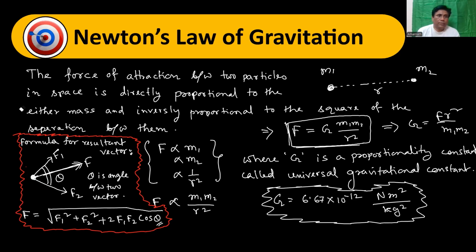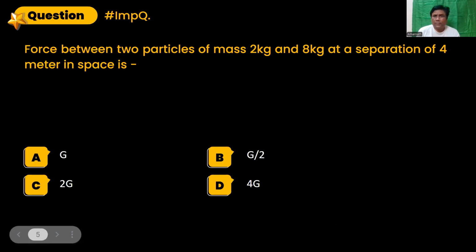Now let us try some numericals. So this is a question: force between two particles of mass 2 kg and 8 kg at a separation of 4 meter in space is. You do not require to put the value of z, the answer is in terms of z only here.